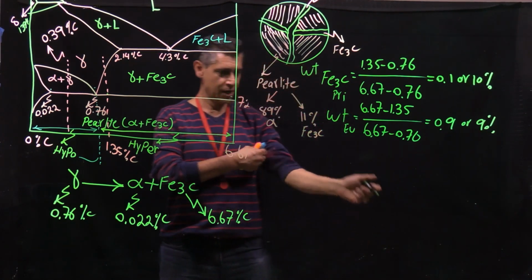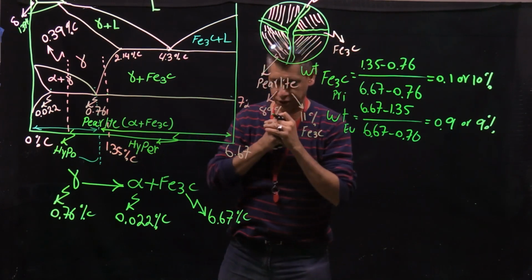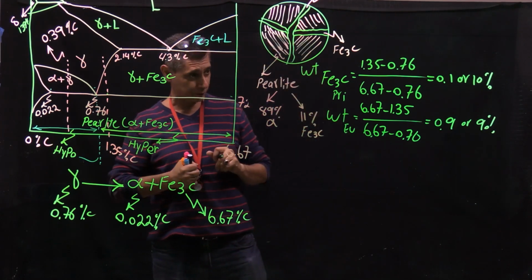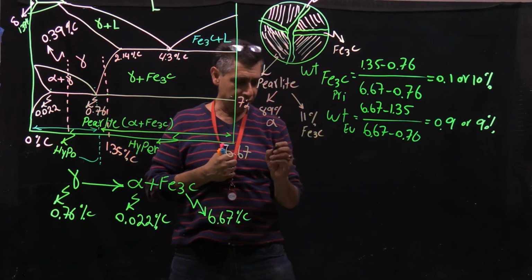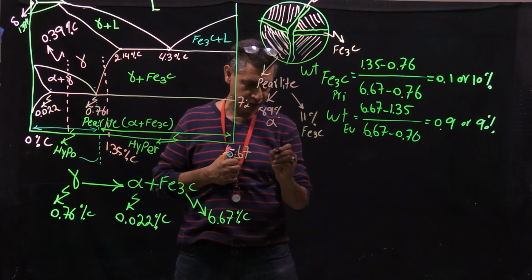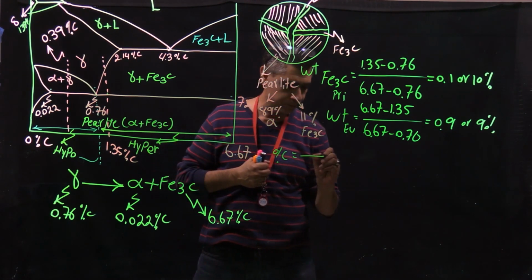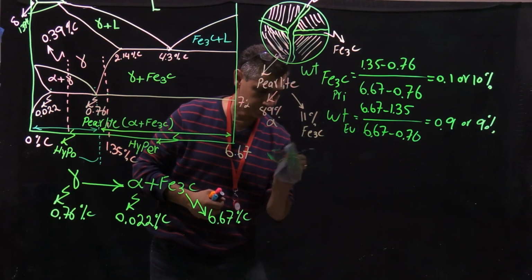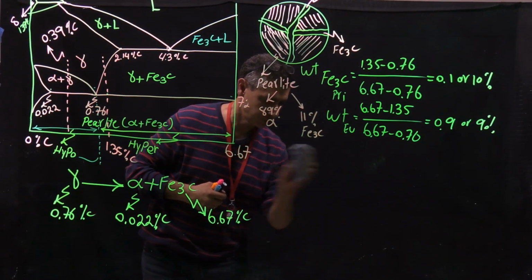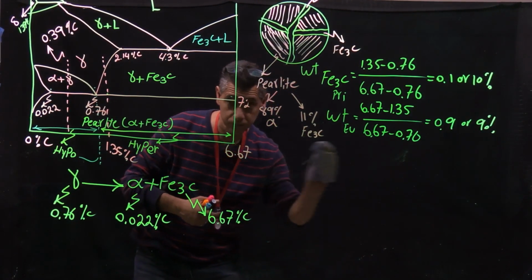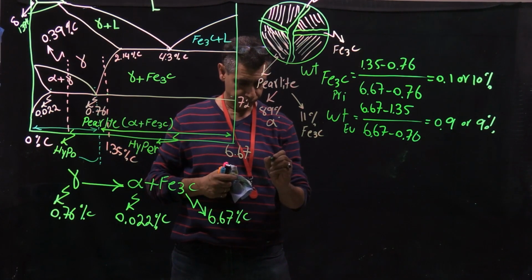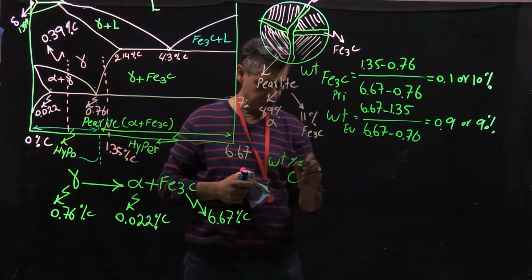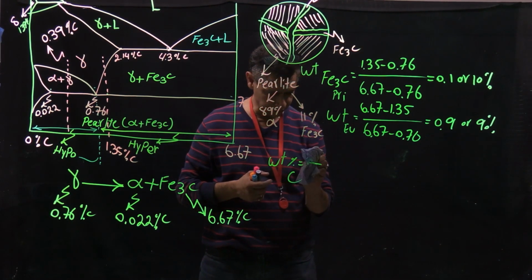Let's do the reverse. I want to know, assuming I see this structure in my microscope and I don't know what is the carbon content of this alloy, I simply write, okay, the weight percent of carbon, or the carbon content of alloy, is equal to, just do it like this.